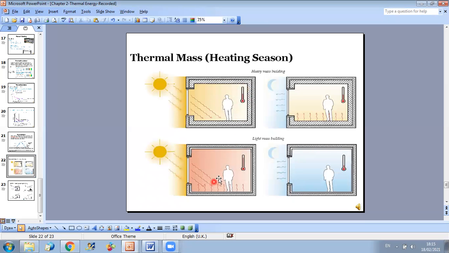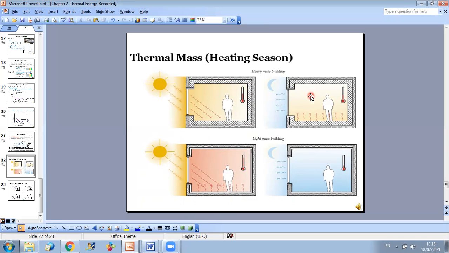On the other hand, in case of a light mass building, during the day, the thermal mass will be saturated at a certain stage and will not be capable anymore of absorbing heat, which will lead to overheating of the space and reaching warm temperature.